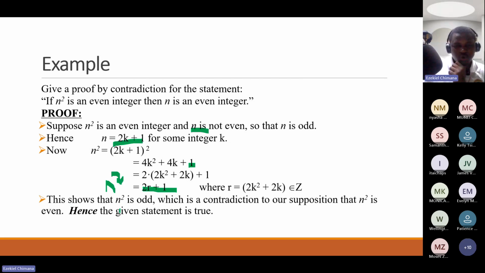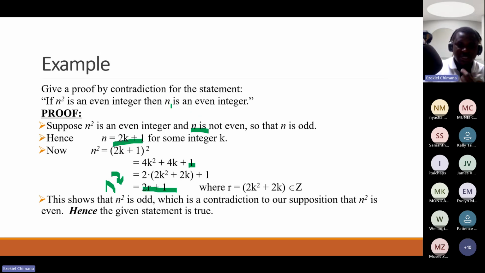That's contradicting. If you are not seeing the contradiction, we are saying that if n squared is an even integer, right, then n is odd. But when you put n as an odd number, n squared is odd, not even. So there is a contradiction, which means the given statement before was true, that if n squared is even, then n is even.